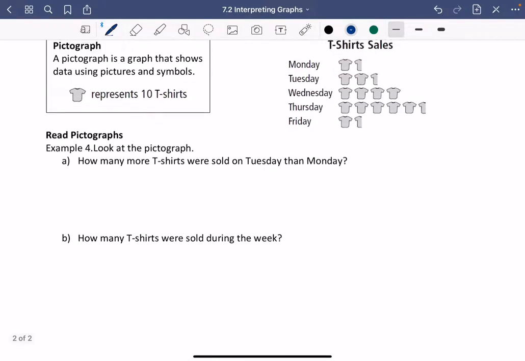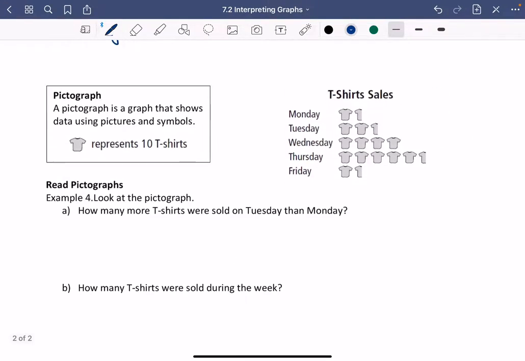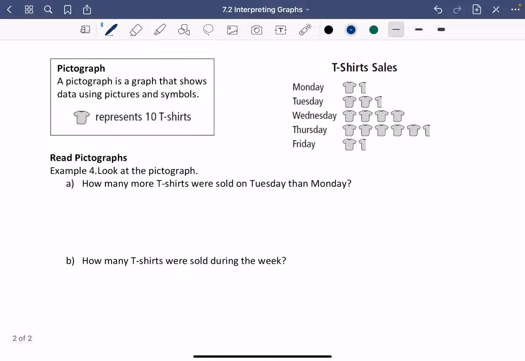Okay, last type of graph here is the pictograph. A pictograph is a graph that shows data using pictures and symbols. It will tell you what each picture or symbol represents.